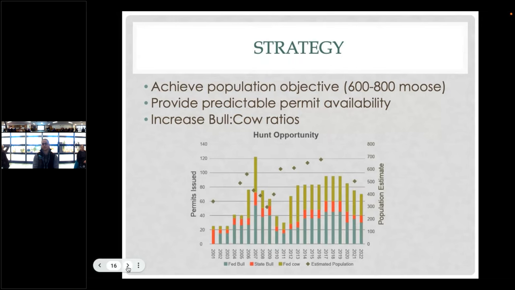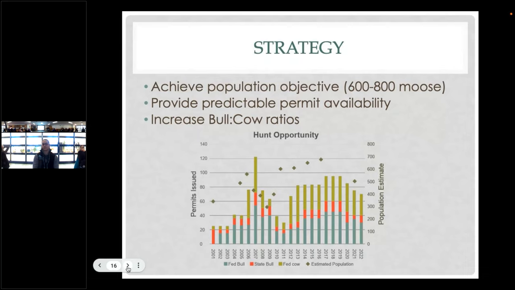So I'll show this graphic again, and what you notice is, since I showed up here, I've tried to make really gradual and measured changes in the number of permits available, and previously there was a lot of volatility here. We went from 40 permits to almost 80 permits in 1 year, and then all the way up above 120 permits in 1 year, and then whacked it way back.